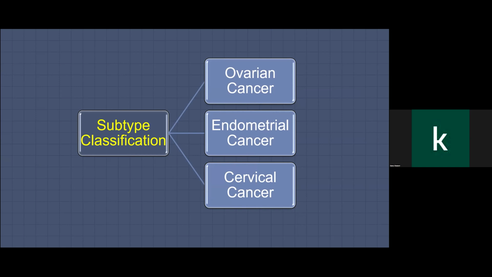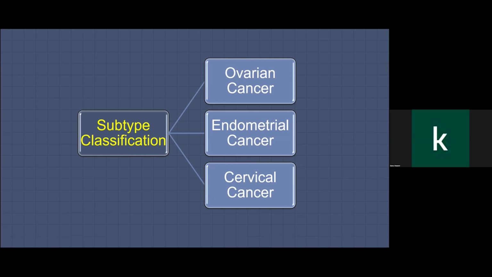In ovarian cancer, in one study, the usage of SVM algorithms for subtyping of ovarian cancers showed an accuracy of 90%. In another study, they employed deep learning methods, convolutional neural networks based on AlexNet, and it showed an accuracy of 90% for cell level classification of both tumor and stroma cells.